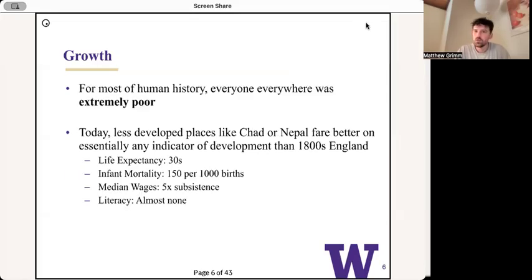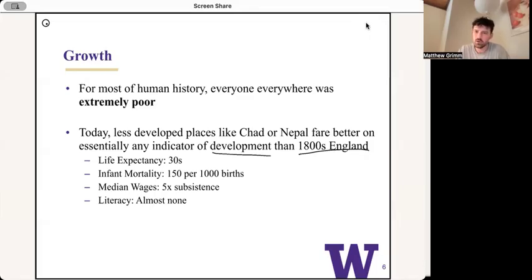Okay, so for most of human history, everyone everywhere was extremely poor. Today, we see less developed places like Chad or Nepal fare better on essentially any indicator of development than England in the 1800s. So here's just a couple metrics on development.